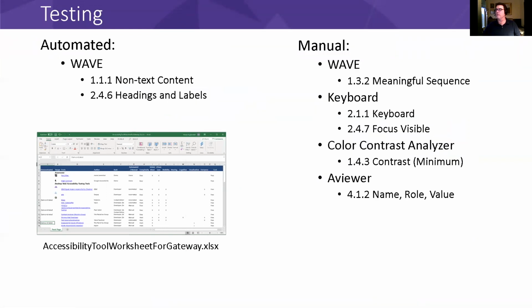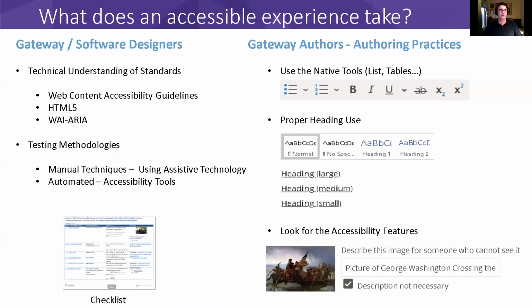So I've showed you a few of the tools, and now you get to an interesting conversation, which is there's kind of 2 groups that are actually using your gateway. Let's just stick with that, right? There's the software designers, and they're the ones that are creating the infrastructure around the outside.